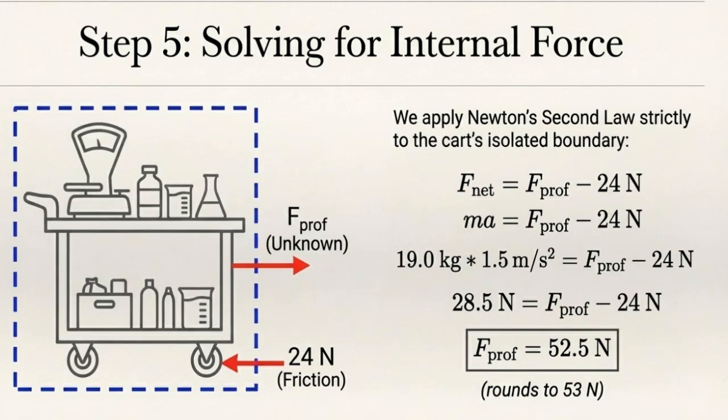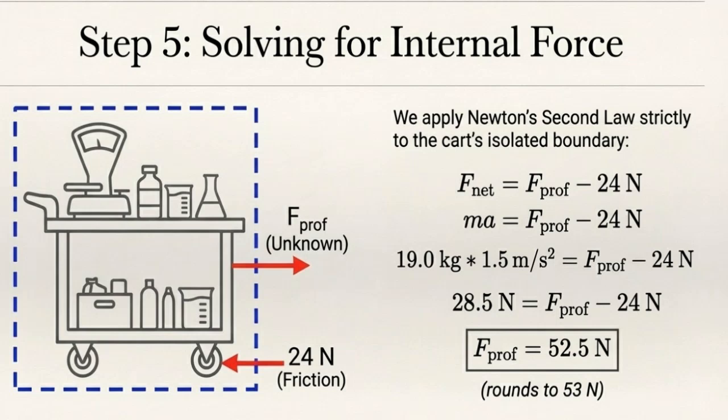Now, to find the internal force exerted by the professor on the cart, we use Newton's second law focused just on the cart itself. The net force acting on the cart equals the professor's force minus the friction force, which is 24 newtons opposing the motion. By substituting in the known values, the mass of the cart is 19 kilograms and its acceleration is 1.5 meters per second squared.